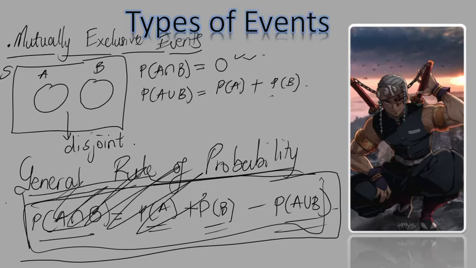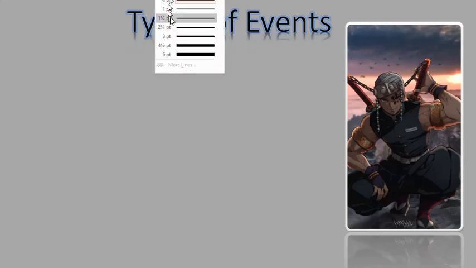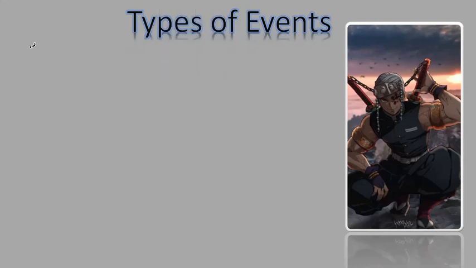Let's move on to the next part. The next one we want to talk about is exhaustive events. When we talk about exhaustive events, we are talking about two events that do not need the sample space box.